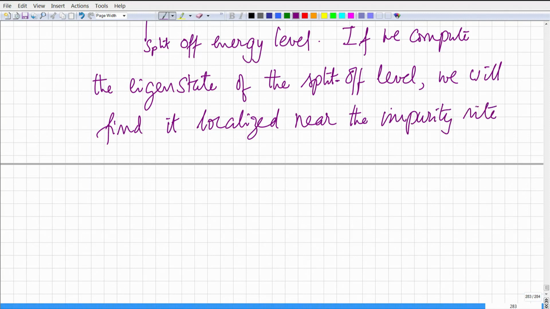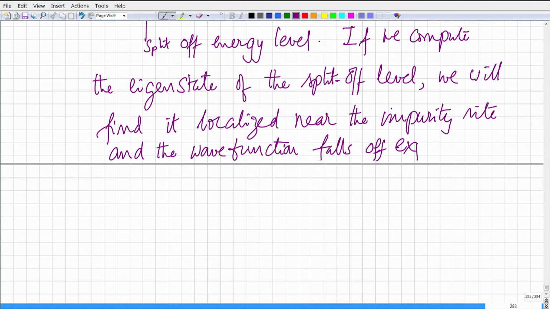The wave function around that point will fall off exponentially. This is one of the states.